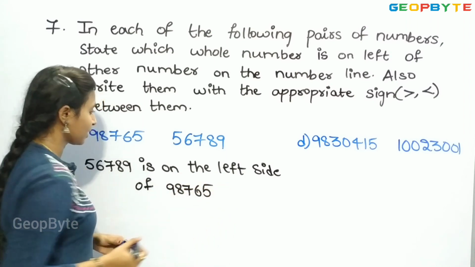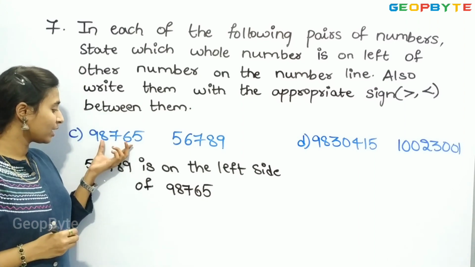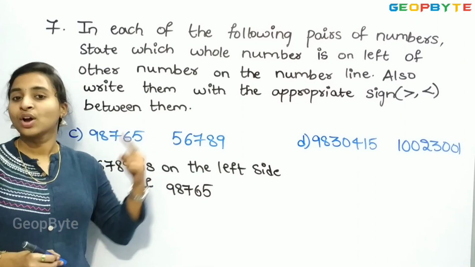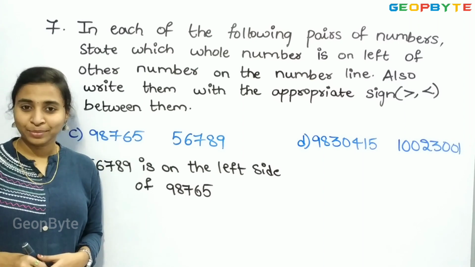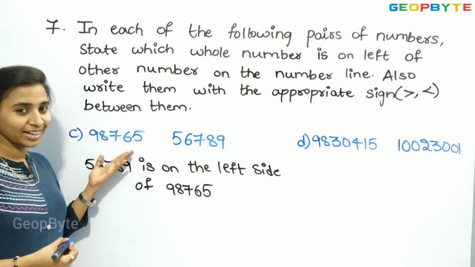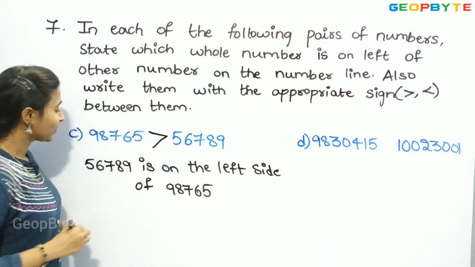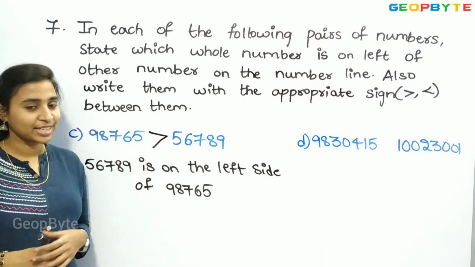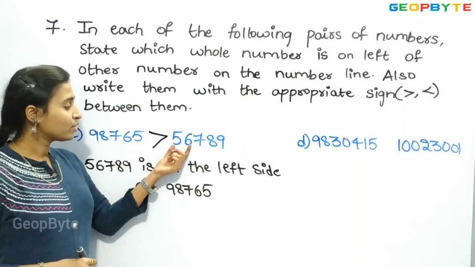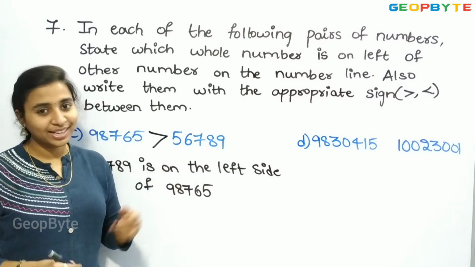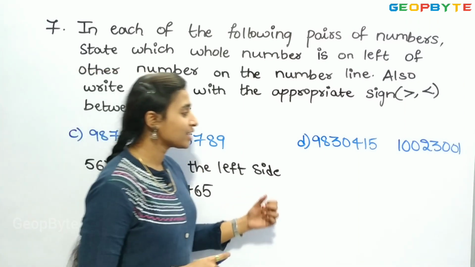Right? As this is the bigger number, the other number lies on the left side of that number. Now, see, this is the greater number. Directly we need to put the greater than symbol, that is 98,765 is greater than 56,789. Now let us see the last pair.